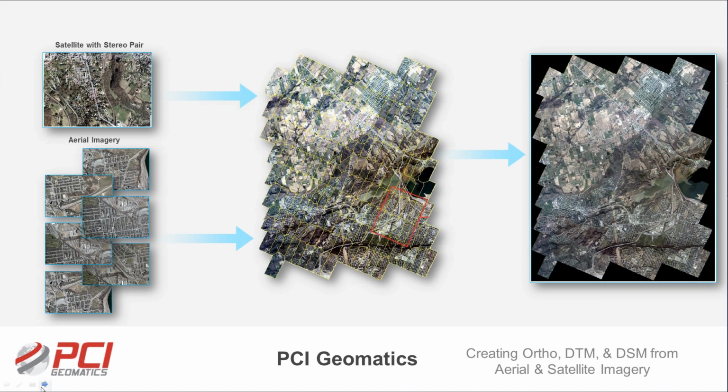With satellite imagery, it's a little bit different. With satellite imagery, georeferencing has to be done by selecting ground control points. In the previous slide, we mentioned the fact that there were RPCs, or minimum level of georeferencing that the satellite provider has given to the image.